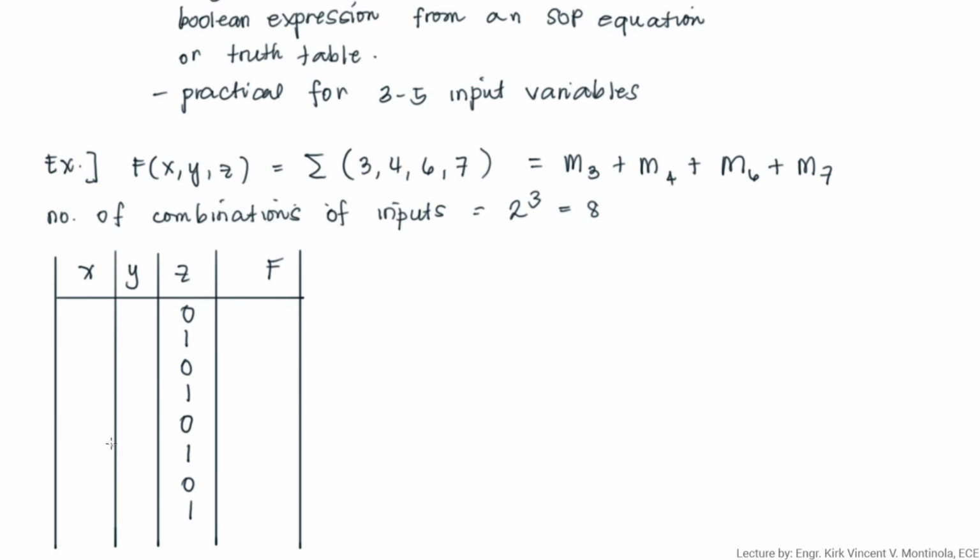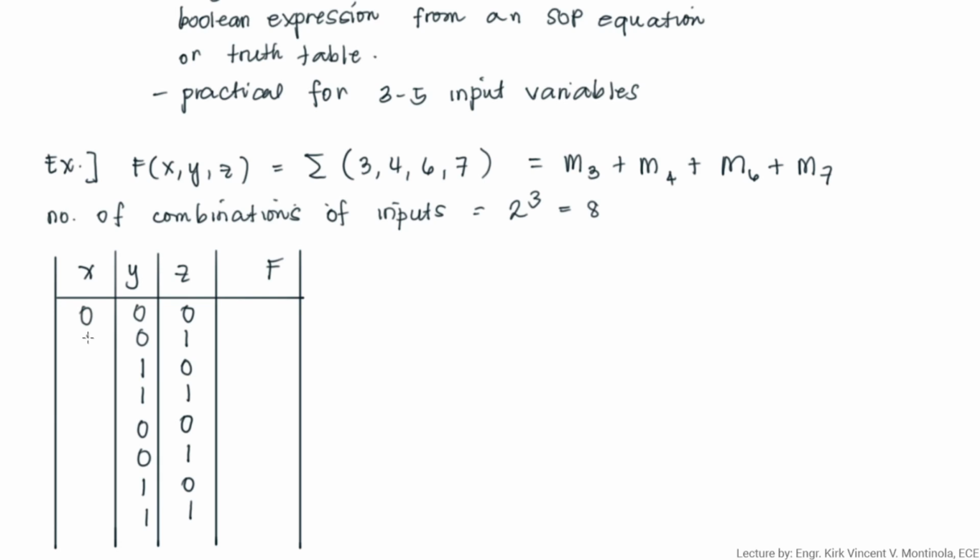And then for y, it should be alternating zeros and ones, but in groups of two. So we'll start with two zeros, then alternate with two ones, zero, zero, and then one, one. Make sure you still have four zeros and four ones. Okay, now let's go for x. At x, you should be alternating zeros and ones every four occurrences.